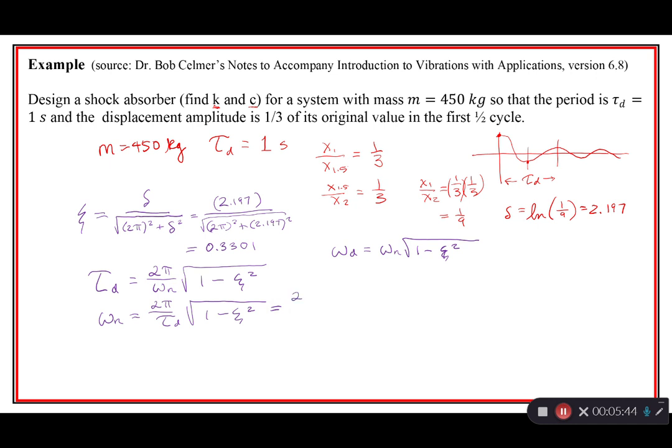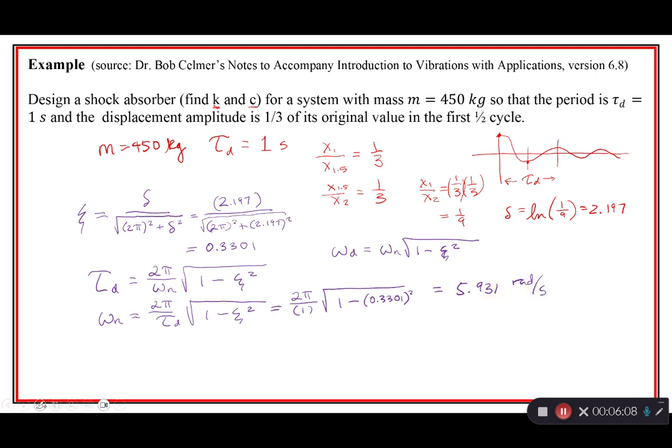So we have 2 pi over 1 second times the square root of 1 minus our damping factor 0.3301 squared. And what we end up with is 5.931 radians per second.